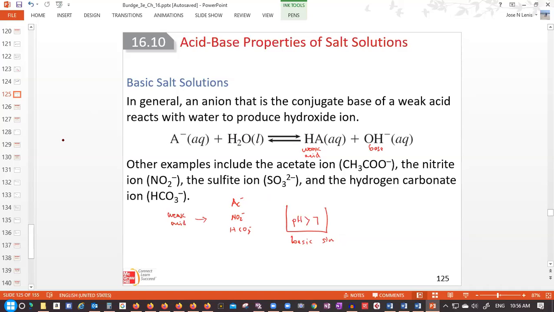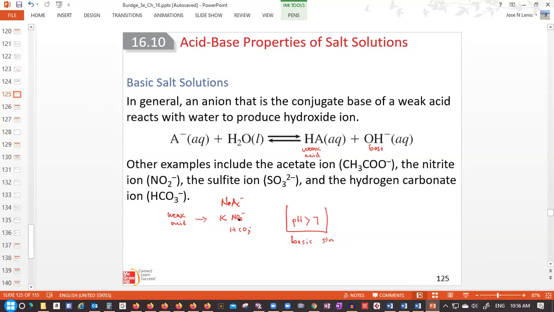Examples of common salts: usually you have salts of sodium. Remember, all sodium salts, all salts of metals of the first group of the periodic table, like sodium, potassium, lithium, rubidium, are soluble in water.